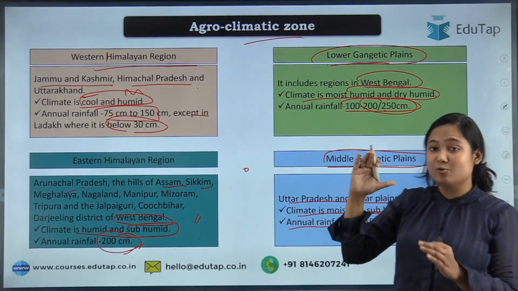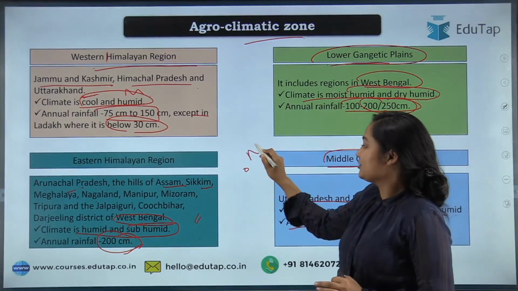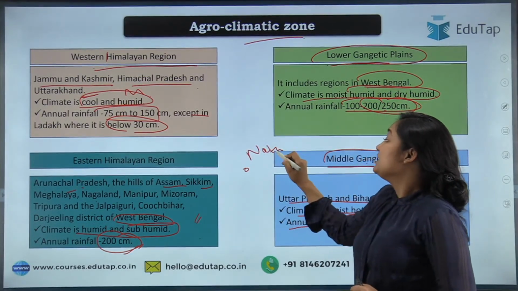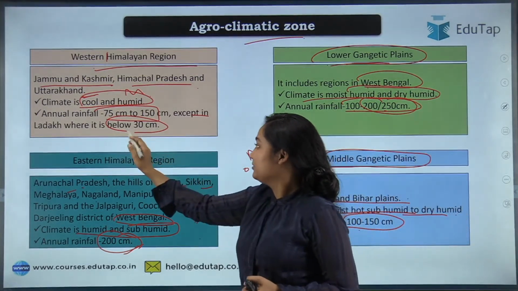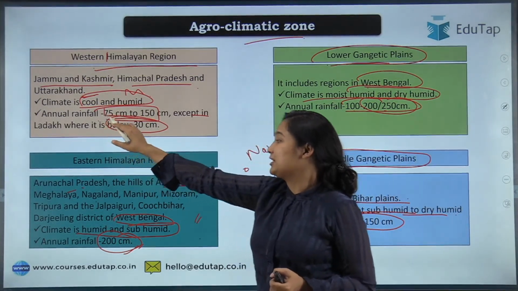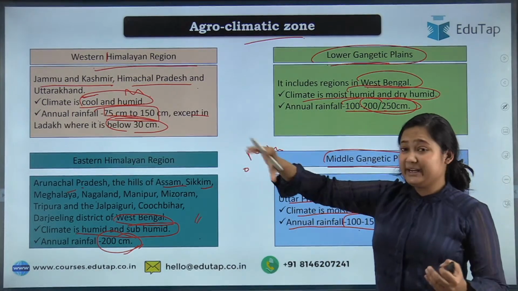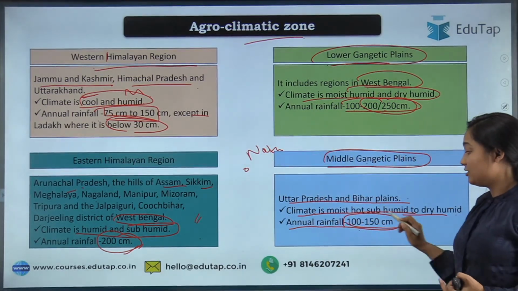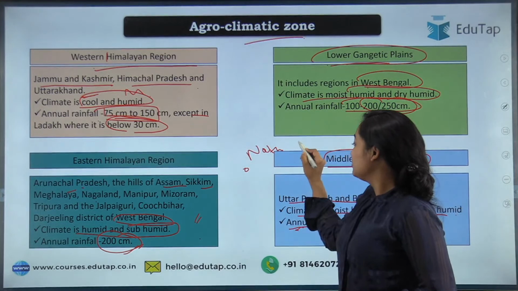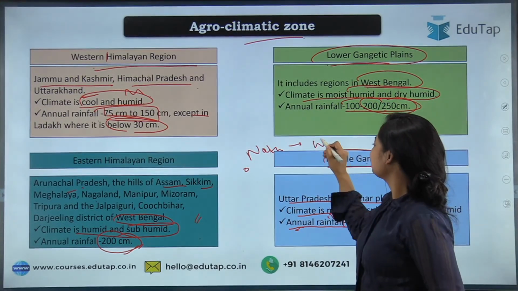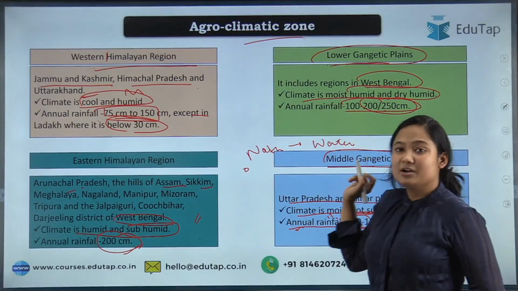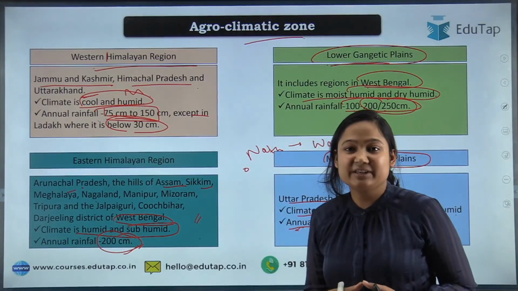You can see that in the north region there are too many rivers, and even after that the rainfall is moderate or above moderate. So the north regions have plenty of water. Abhijit has given the correct answer.